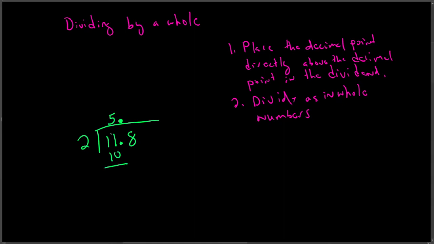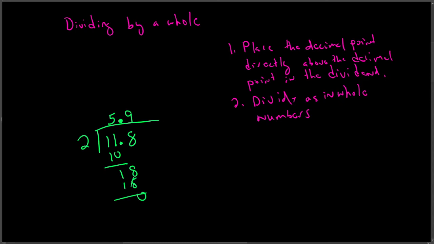I'm going to subtract. I'm going to bring down my 1, bring down my 8. 2 goes into 18 9 times. So 9 times 2 is 18, and we're done. We hit 0, we're done. And so because this is a whole number, we can put the decimal point straight up above it.